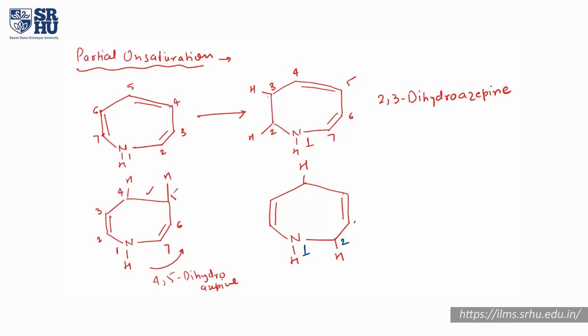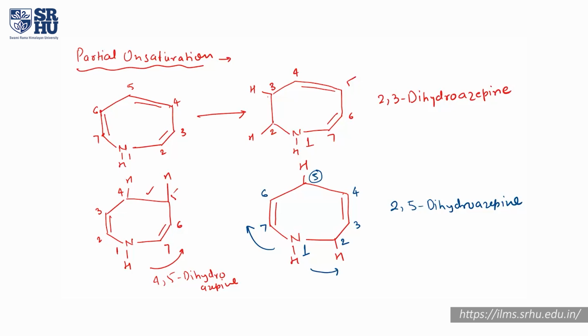So this is 2, this is 3, this is 4, this is 5, this is 6, this is 7. You cannot move from the other side, because while moving from that side, the first hydrogen will come at the 5th position, while moving from this side, the first hydrogen will come at the 2nd position. So that is why its name will be 2,5-dihydroazepine. So this is how we give the name of partial unsaturation.